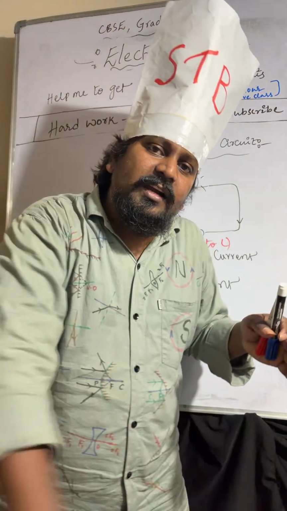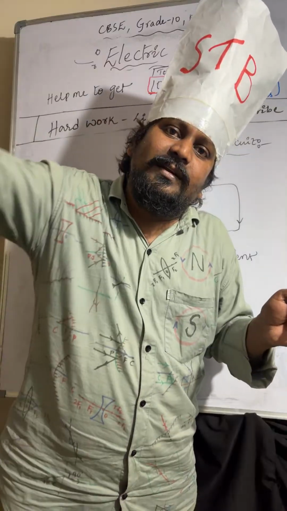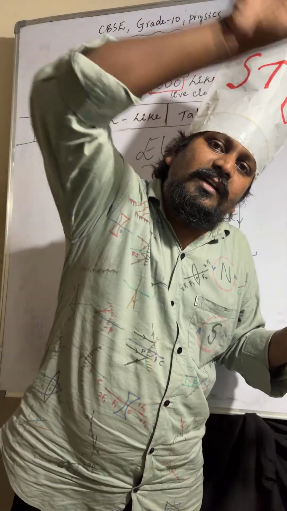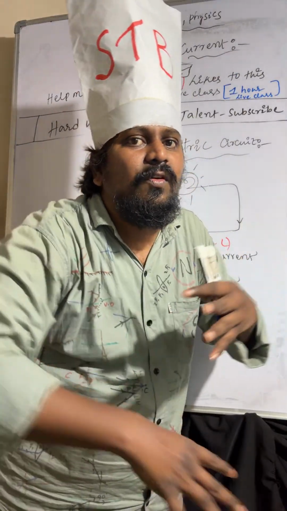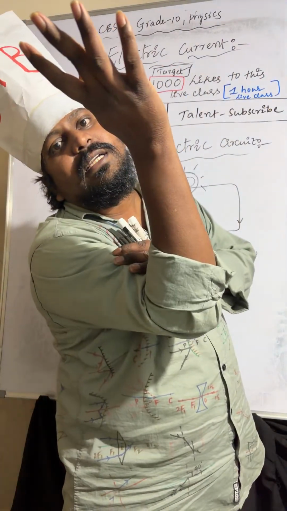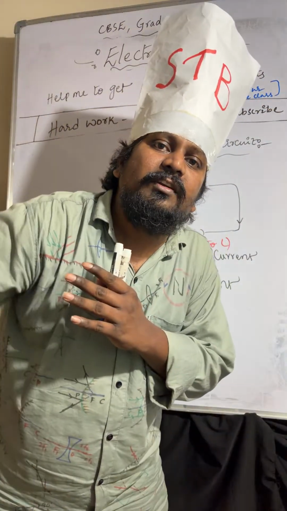Electrons are moving from the negative terminal to the positive terminal. Conventional current is nothing but the flow of positive charges. Electric current is nothing but the flow of electrons.